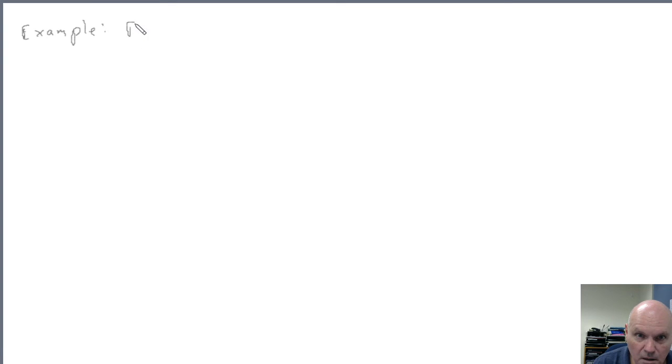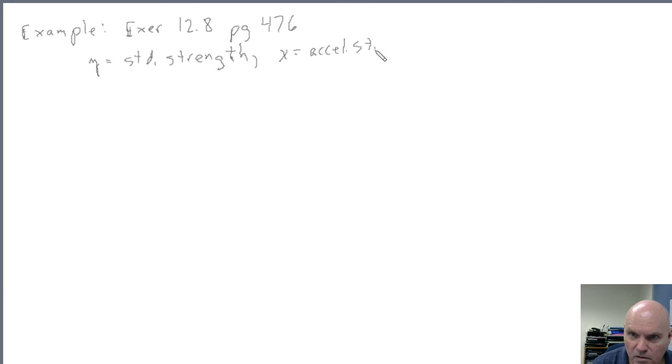So let's look at an example. This is exercise 12.8 on page 476. Here, if I recall, the data is dealing with strength of concrete, and y is what's known as the standard strength, or the strength measured after, I think, 28 days. Our x data is something they call the accelerated strength, I think the strength after a much smaller interval, and they're trying to use the x data to make statements or inferences about the y data.